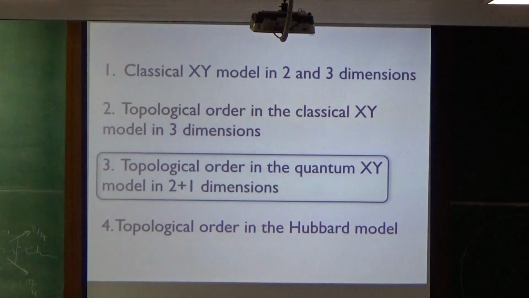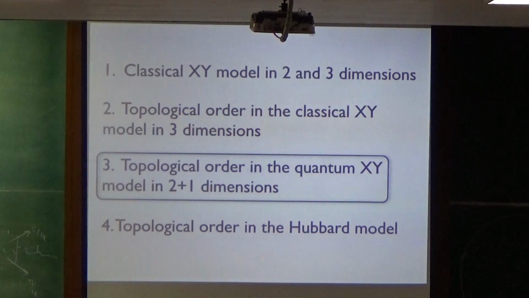All right, so let me now connect to what Sandeep just said. How can I really prove there's a phase transition? To really prove it, it turns out to be much easier to think of this as a quantum system in two space and one time dimension, and think about the spectrum of the quantum system.